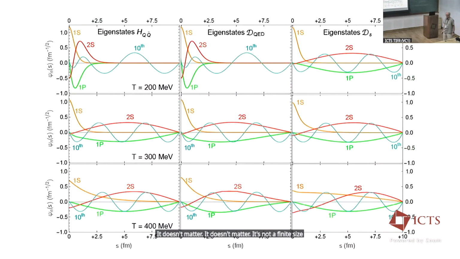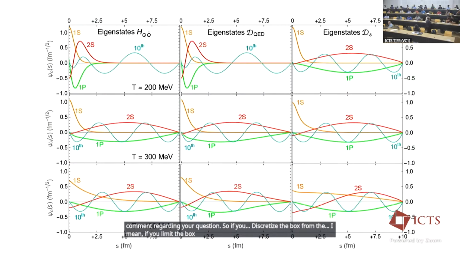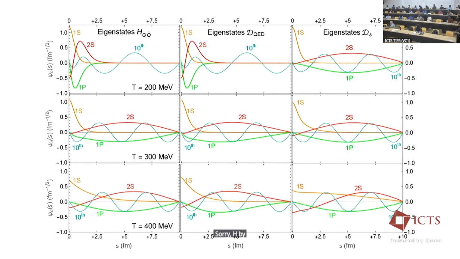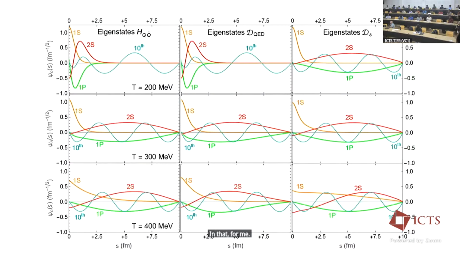Just a comment regarding your question. If you limit the box size from infinite size to a few Fermi, and you put the box size R almost equal to lambda, h by momentum from the uncertainty principle, then you can calculate that the momentum integration value doesn't change much in the range of 10 Fermi, 7 Fermi.